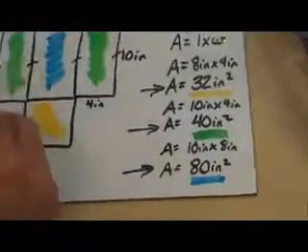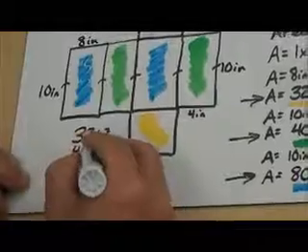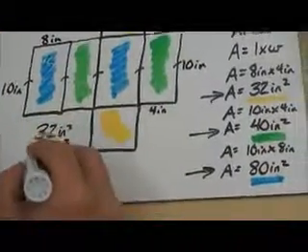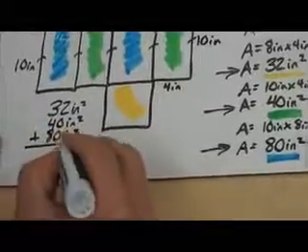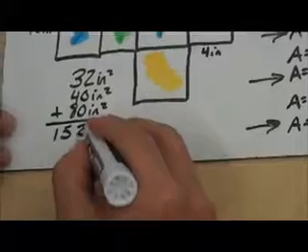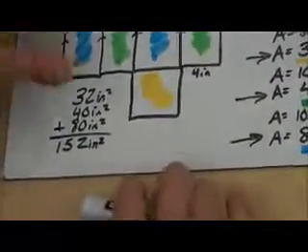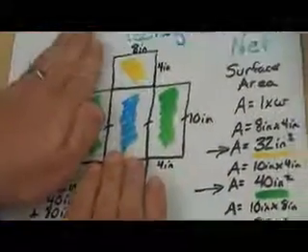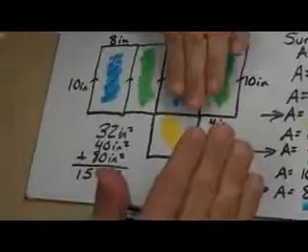If I add my 32 inches squared, my 40 inches squared, and my 80 inches squared, I will get a grand total of 152 inches squared. This number will only represent either these 3 or those 3.